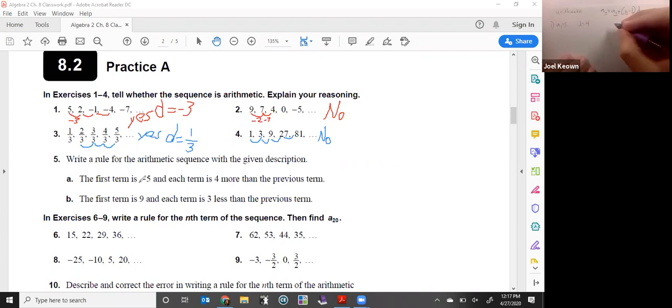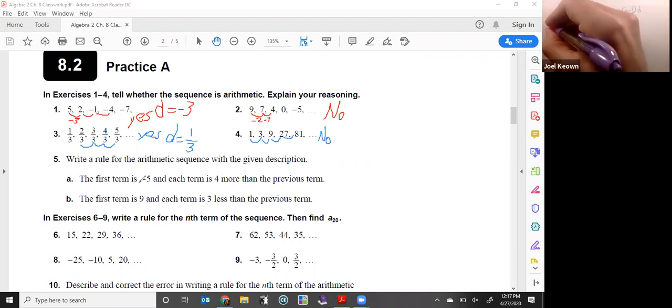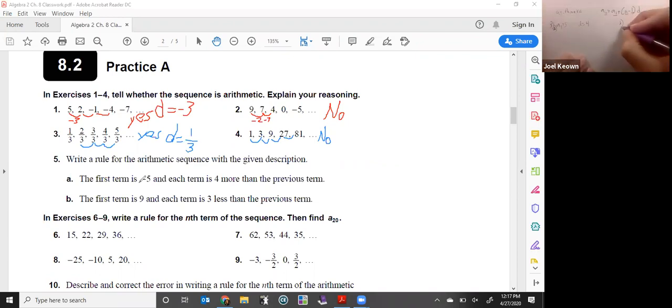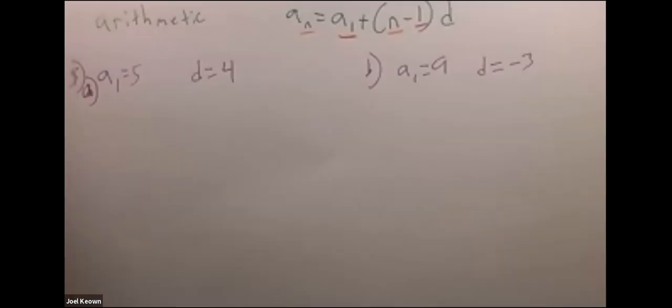And then for part B, my first term is 9, and each term, so that's my common difference, my d, is -3 because it's 3 less. All right, so let me now switch over to the video and we can do number 5.